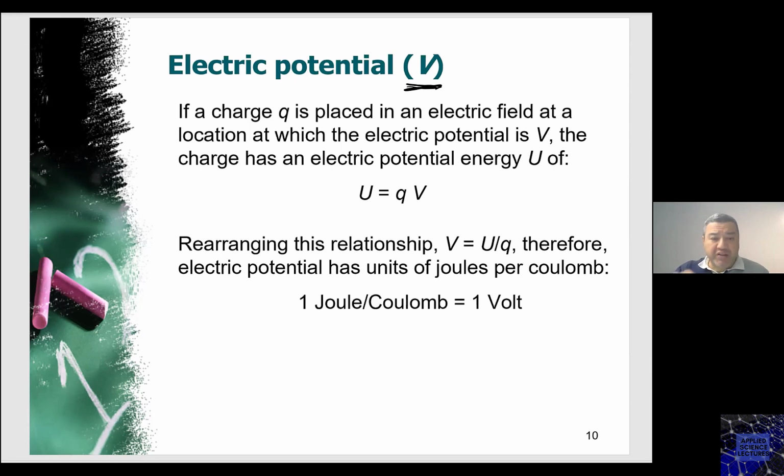If I bring a charge and put it in this location, then this charge will have an electric potential energy, such that this electric potential energy U equals Q times the electric potential. We know that the electric potential is given in joules per Coulomb, and this is also the unit of 1 volt.